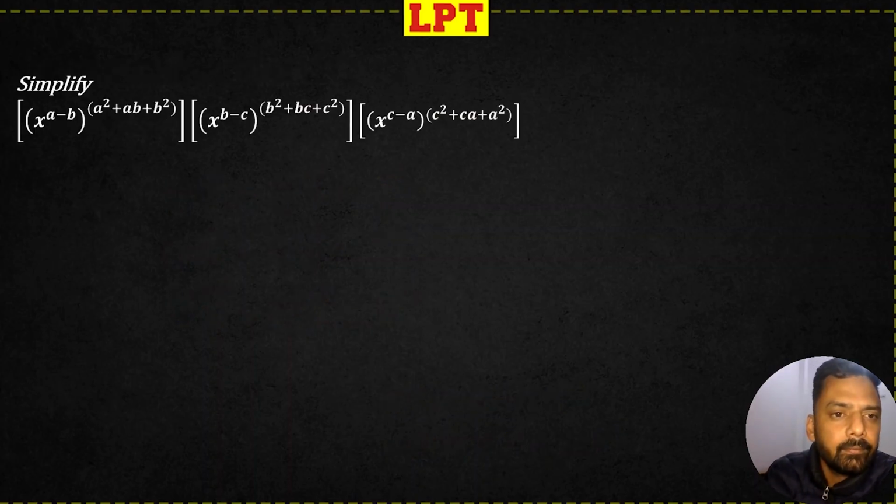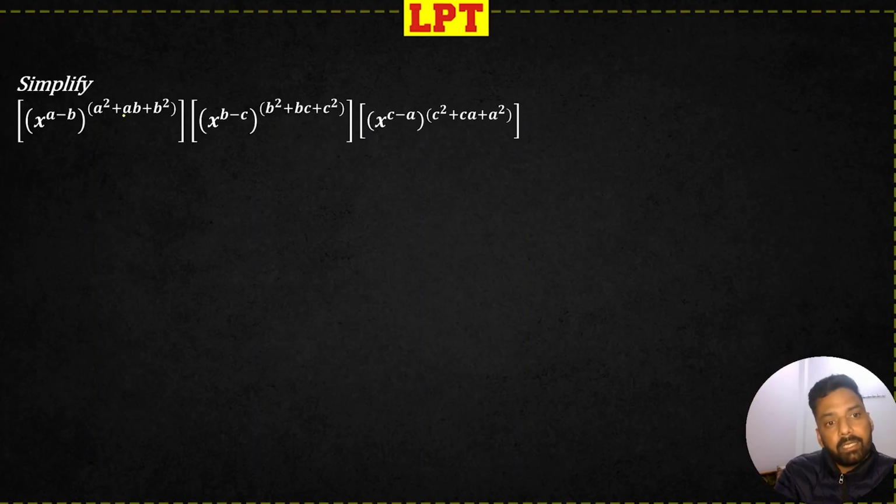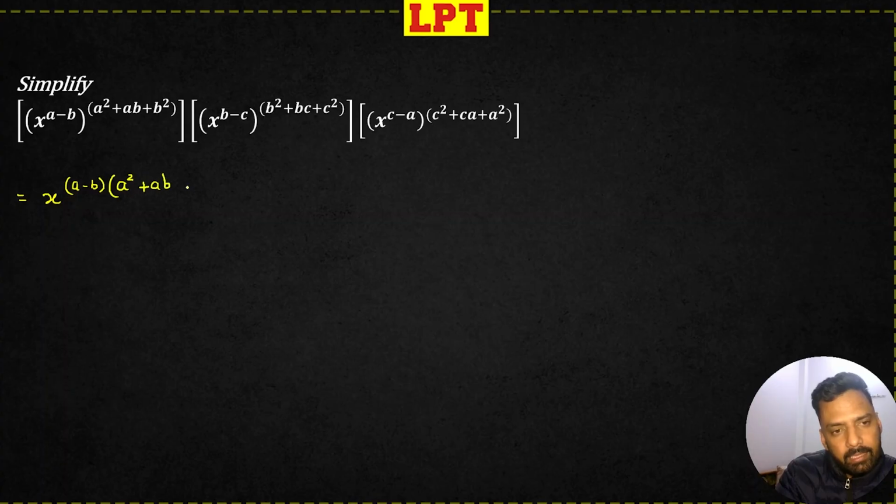Okay. Let's do some more questions on simplifications. So here I have, we have to simplify x to the power a minus b, whole to the power a square plus ab plus b square, b minus c, b square plus bc plus c square. Okay. Now see, if I write this separately, can I write it as x to the power a minus b into a square plus ab plus b square.